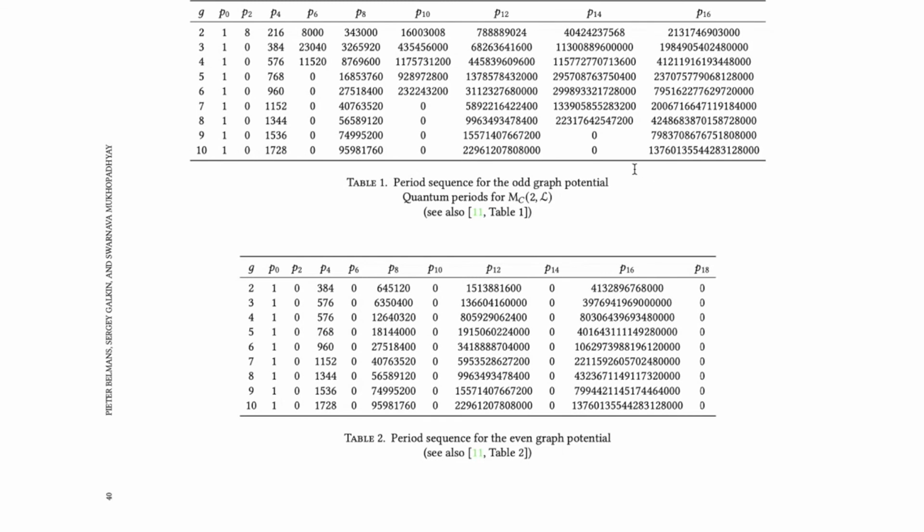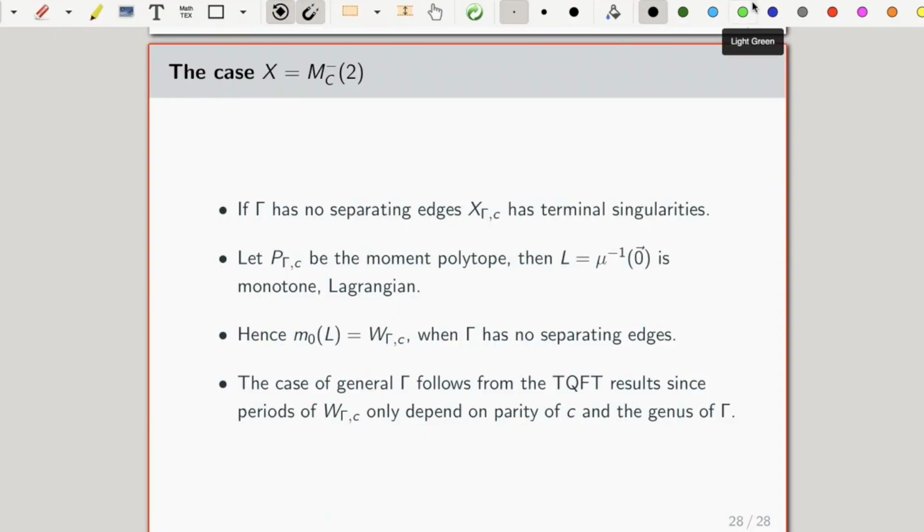Actually, one proves the following: if g is greater than or equal to 2 and k is less than 2g minus 2, then the periods of the odd potential equal those of the even.